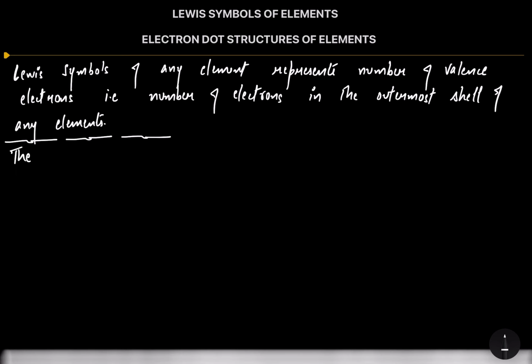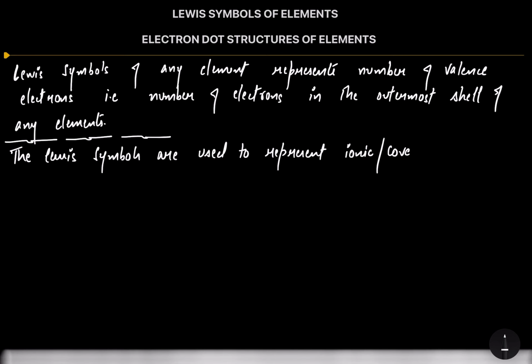The Lewis symbols are used to represent ionic, covalent and coordinate bonds also.